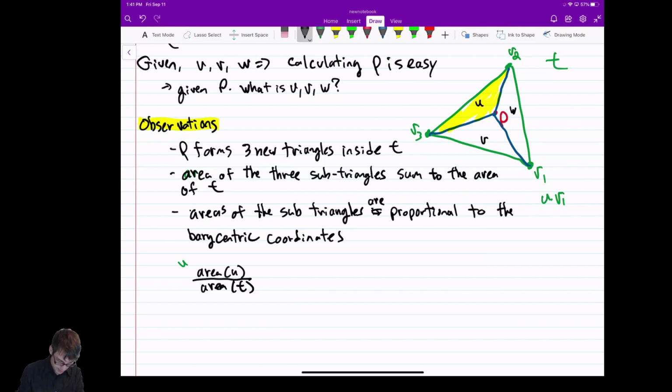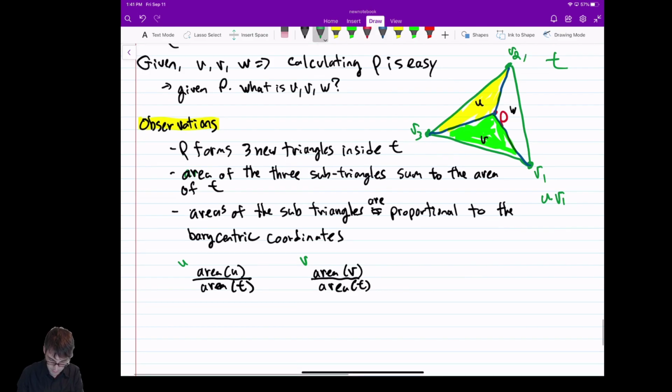And then I'm going to highlight that the area of v divided by the area of t, this is going to be, you guessed it, my v value. So if I shade this, this is going to get me my v value for v2.